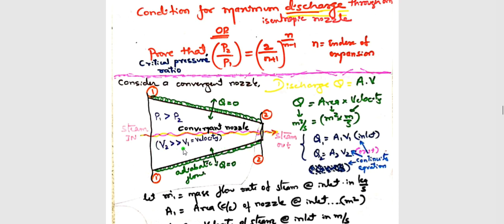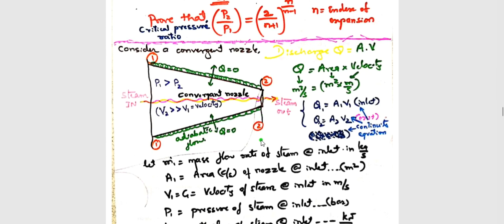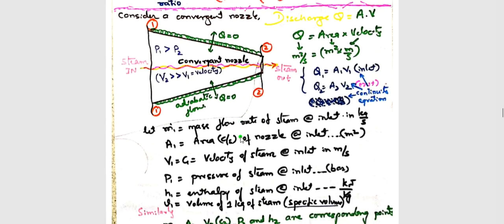That is the reason we have written here V2 is much greater than V1. V2 and V1 are velocity terms. And when high pressure is converted into velocity, the value of P2 at section 2 is less than P1.